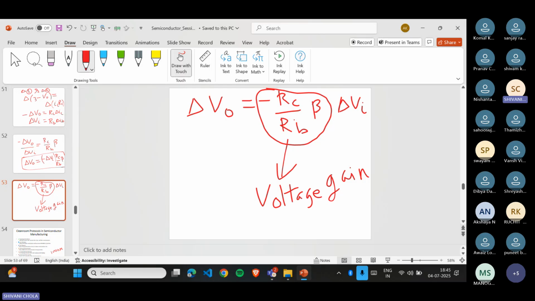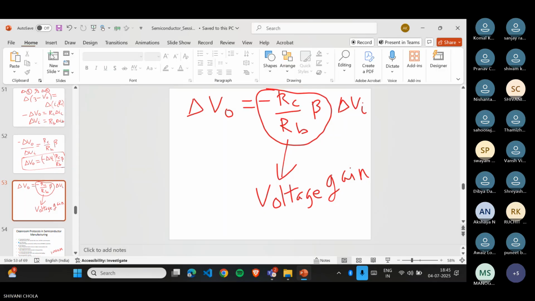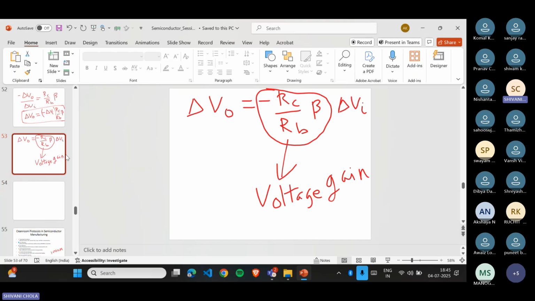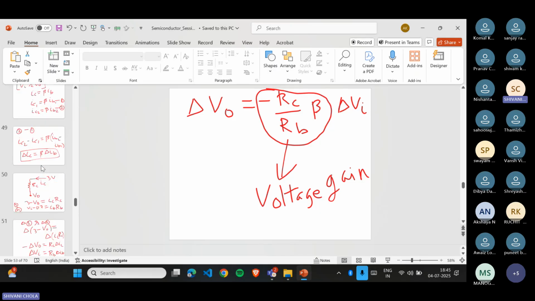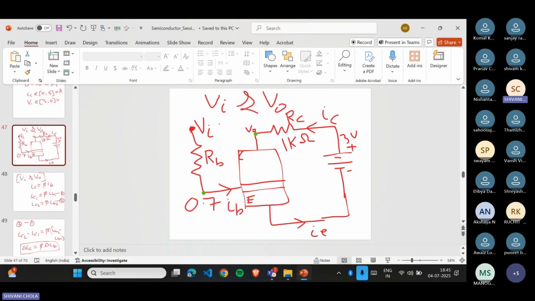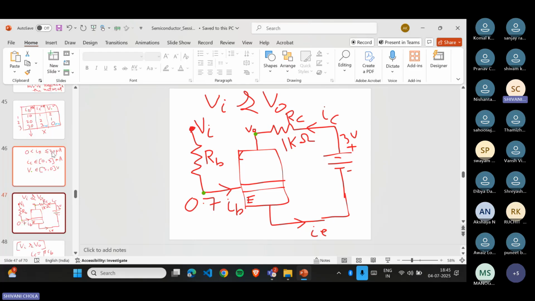Okay. Now, my friend, I'll explain what this minus sign is telling you. Before explaining it, you all know that if you increase the potential, like the VI over here, what will happen to VO? Can someone tell me what will happen if you increase the potential at this VI part? Just now we saw that, right?